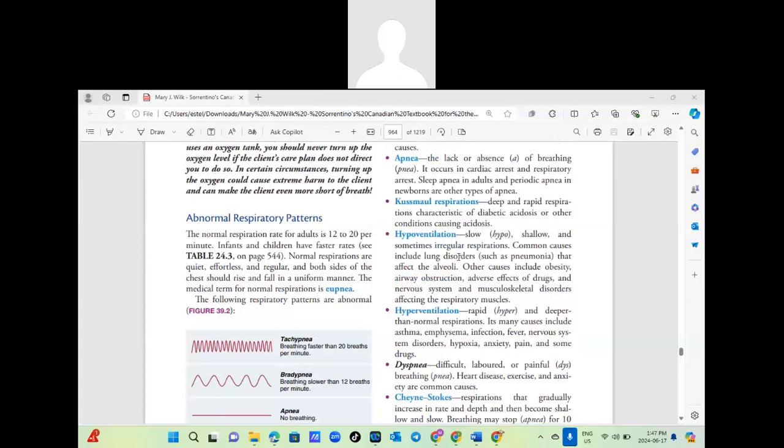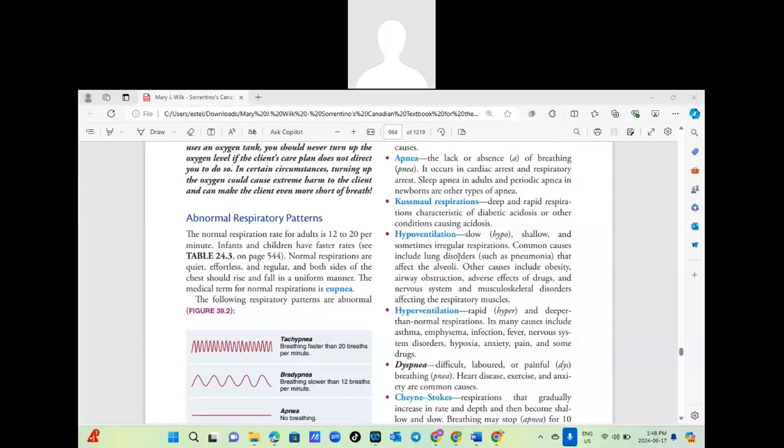Common causes include lung disorders such as pneumonia that affect the alveoli. Other causes include obesity, airway obstruction, adverse effects of drugs, and nervous system and musculoskeletal disorders affecting the respiratory muscles.